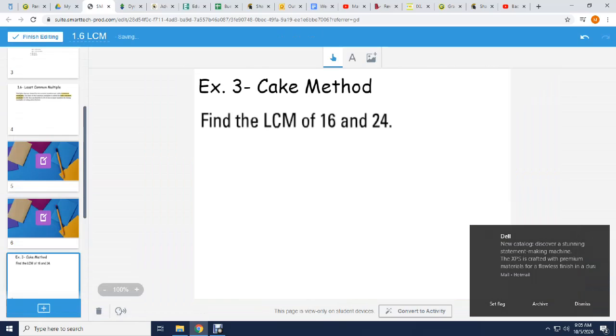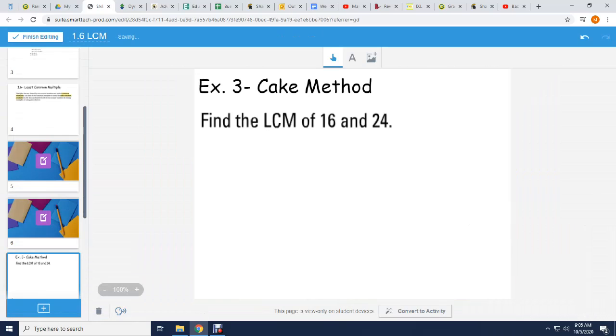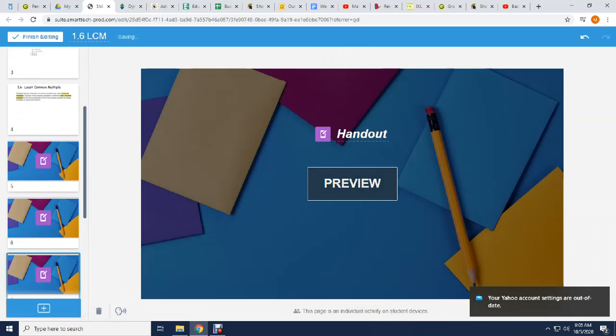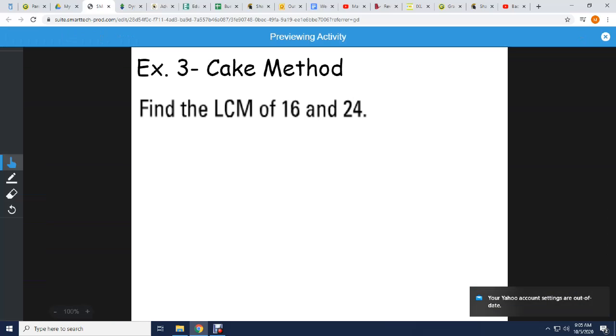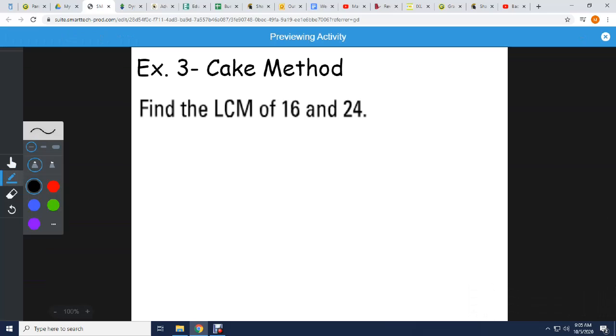Sorry, so we're going to do one more here, cake method, 16 and 24 rather. And again, we're going to hit up 16. We're going to hit up 24.